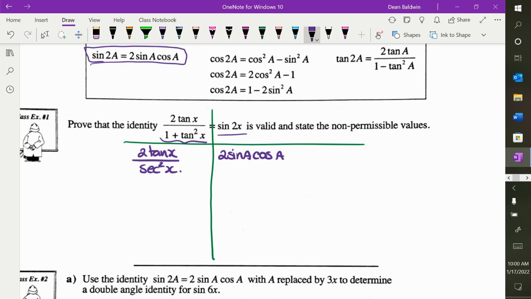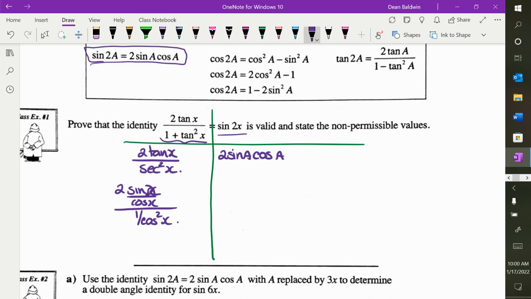So now you can convert everything to sine and cosine. So tan is what? Sine of x over cos of x. And what's secant? And so secant squared is 1 over cos squared. Perfect. We have a fraction over a fraction.